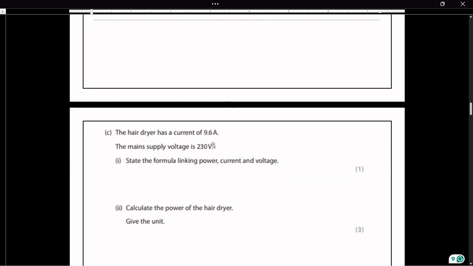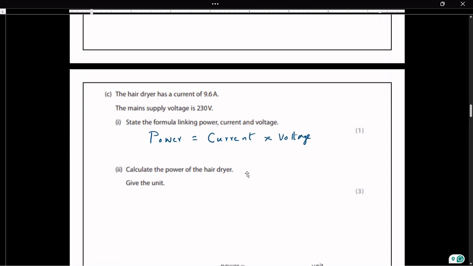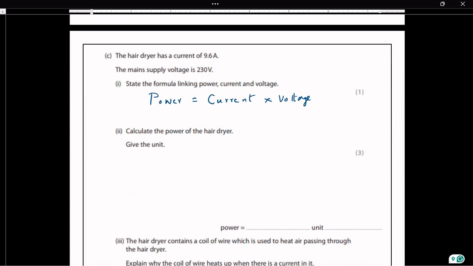The hair dryer has a current of 9.6 ampere. The mains supply voltage is 230 volt. State the formula linking power, current and voltage. So as we know, power is the product of current and voltage. Power is current times voltage. Then the question is, calculate the power of the hair dryer and give the unit.